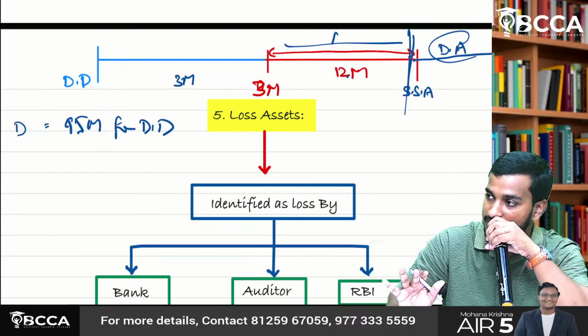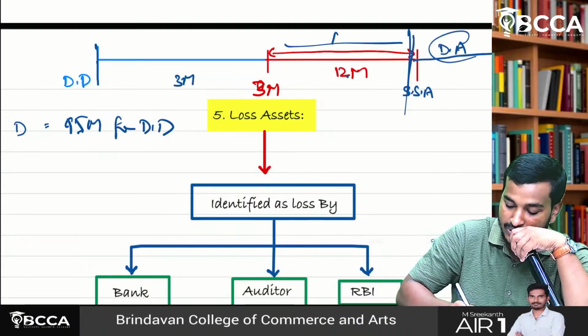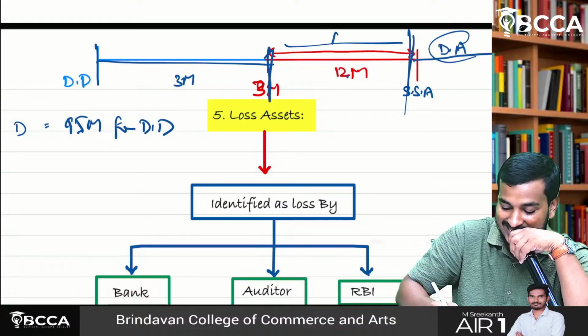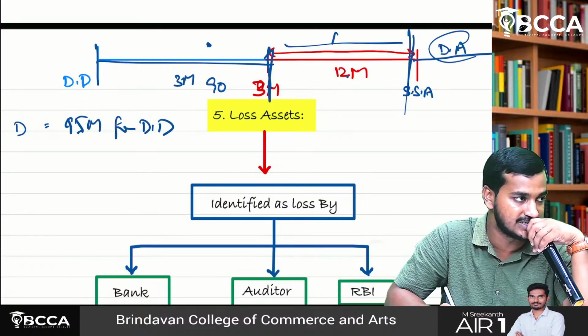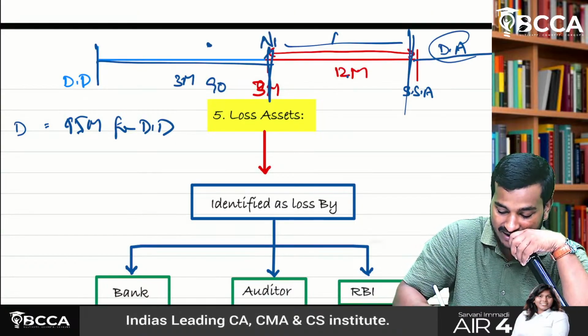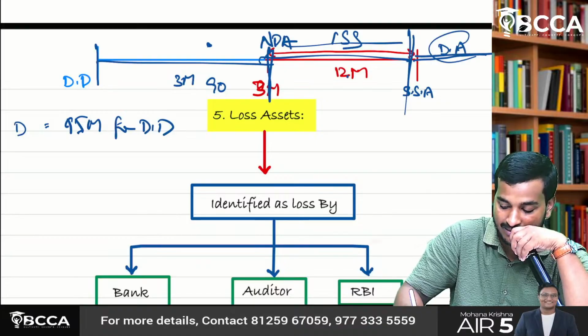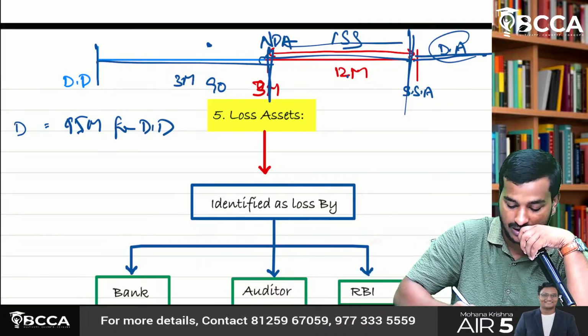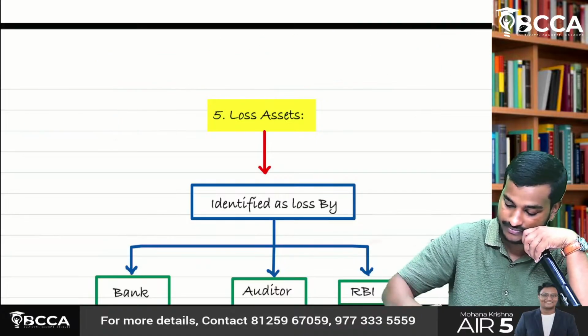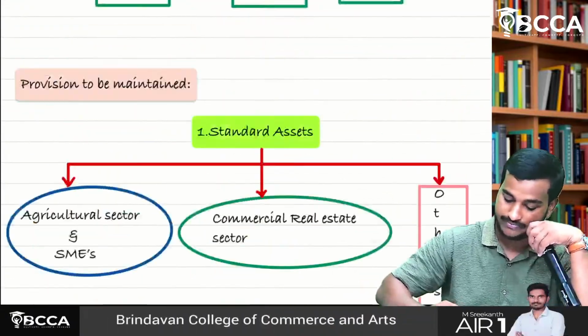Are you getting my point, sir? So from due date to 90 days or 3 months, performing assets. Here they get NPA status. From here up to 12 months, substandard. Then there will be doubtful assets. Or else I will try to write the notes. Just hold on.